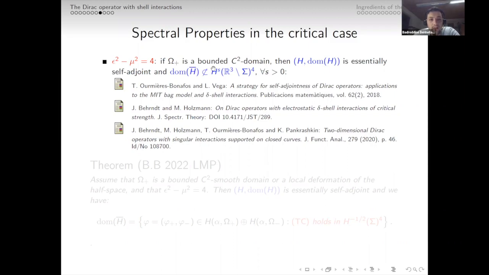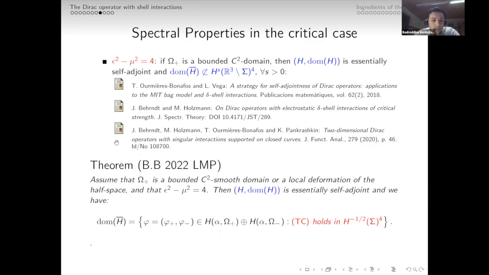And this model has a natural two-dimensional analog, which was studied by Behrndt, Holzmann, Ourmières-Bonafos, and Pankrashkin, where they showed self-adjointness for any combination of these two parameters. I'm going to say more about this paper. During my thesis, I showed the following.